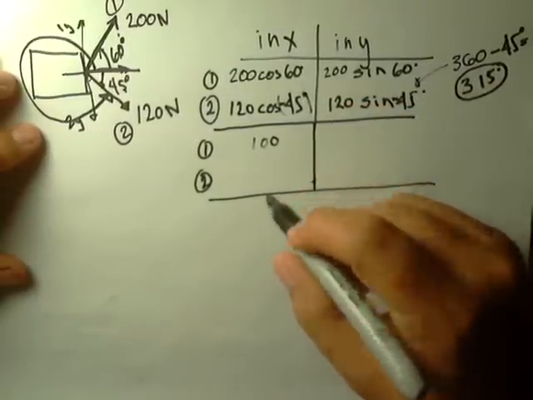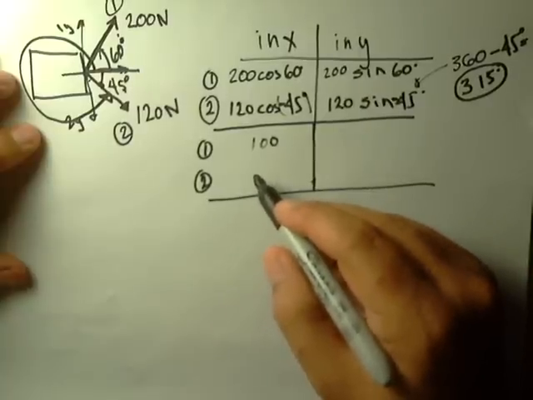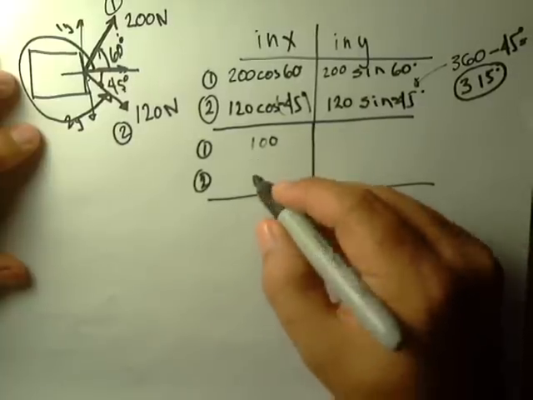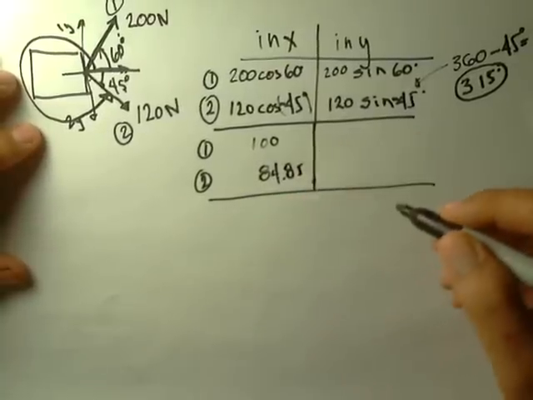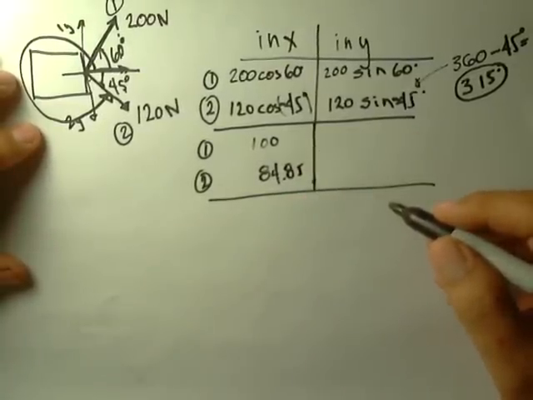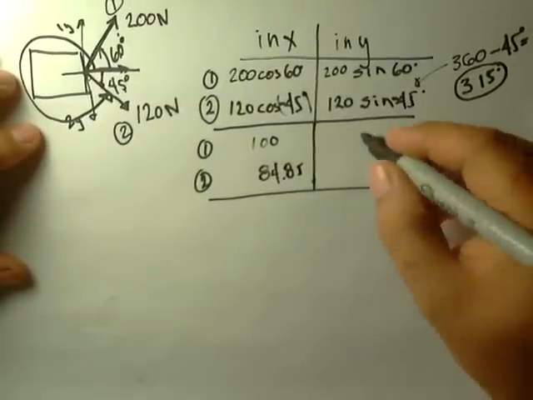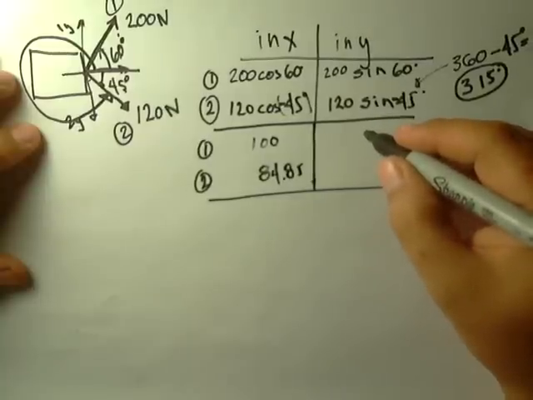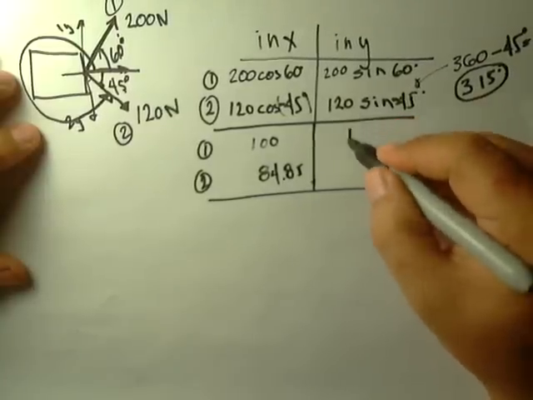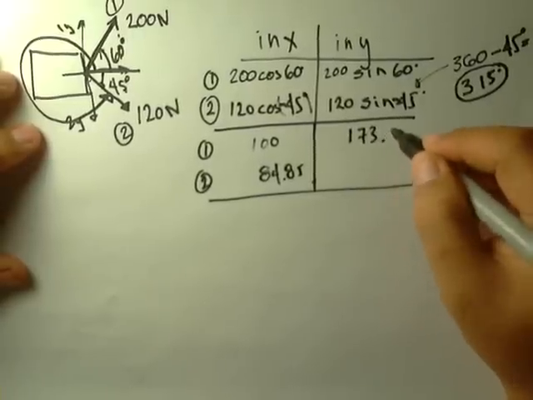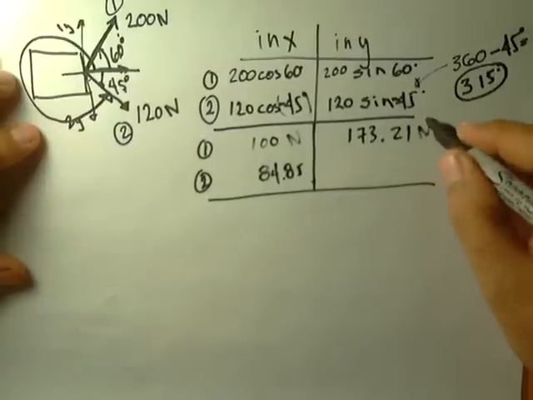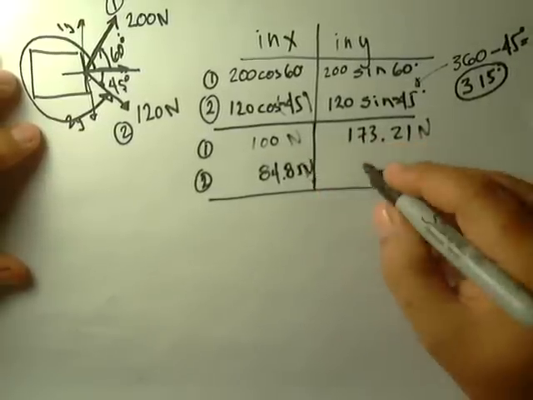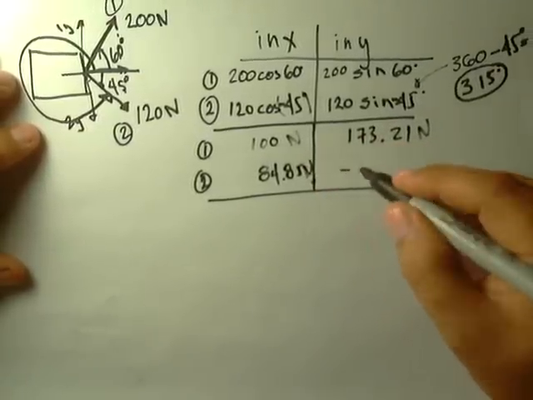Now let's see. For this vector over here, we have 84.85 for x, right? And for this one, we will get 173.21. Newtons, of course. And for this one, negative.